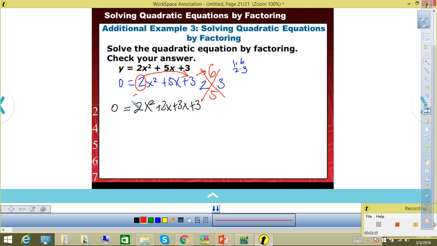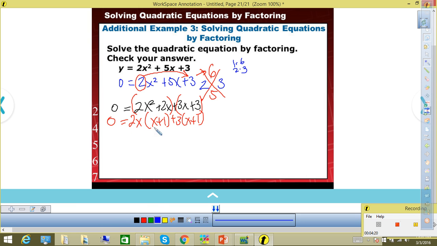No. 2 different sets of parentheses. All right. So we group them, and what is our GCF for the first 2? 2x. We're left with x plus 1. GCF for the last 2, 3, and we're left with x plus 1. All that equal to 0.